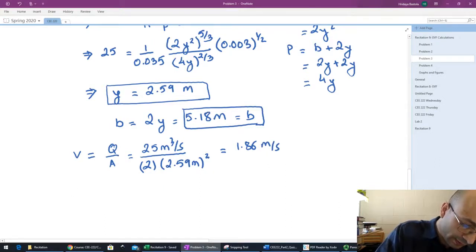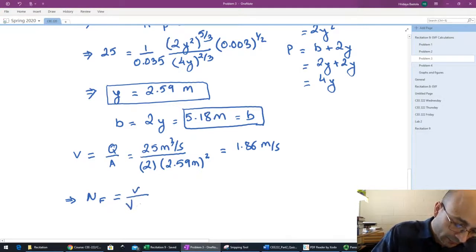Then we can calculate the Froude number. I think I earlier said Reynolds number. It should be Froude number. Froude number is velocity divided by square root of gy.